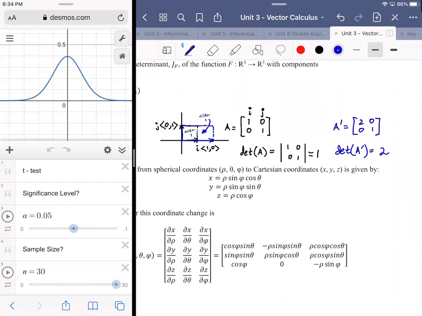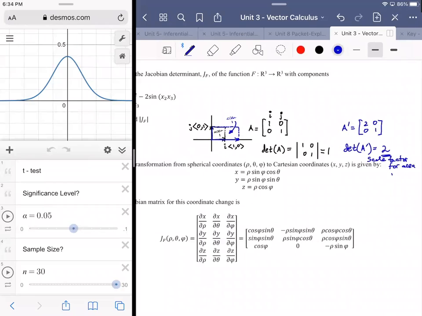So what this gives us is a scale factor for area in the new coordinate system. All right, so it would be this number multiplied by the basis area in our original coordinate system.